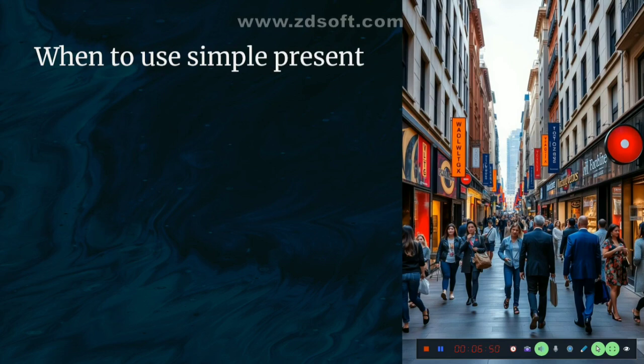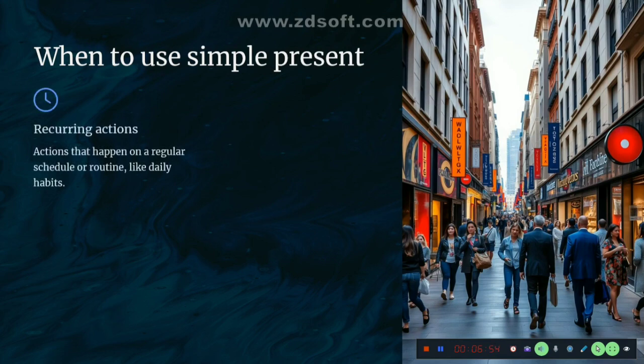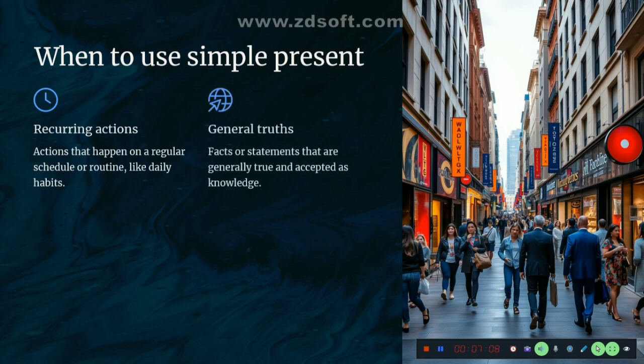When to use simple present. Let's review when we use the simple present. Recurring actions that happen on a regular schedule or routines, like daily habits. As I told you, for example, I usually drink coffee every morning. General truth, facts or statements that are generally true and accepted as knowledge.